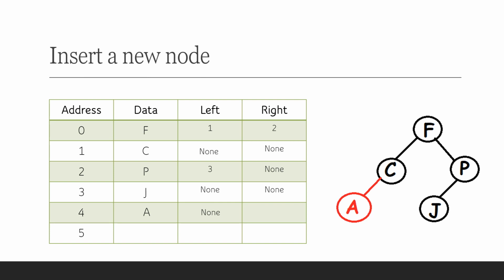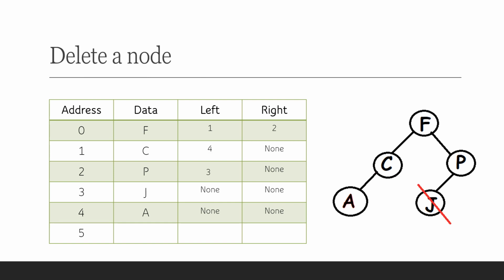It's holding the data A and it's got no pointers off it. Now we've got to add a pointer to node C to point to this new location. And that's it. Now A has been added to the array and to the tree.